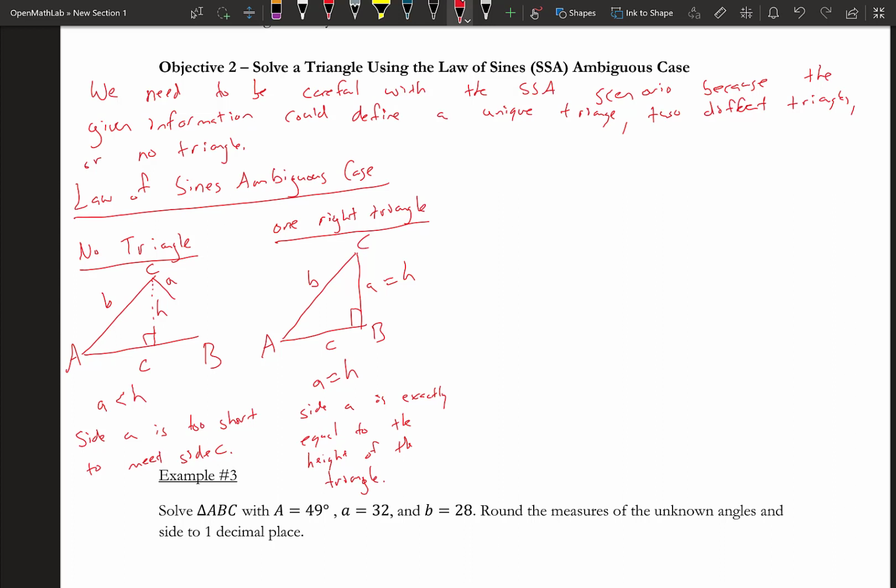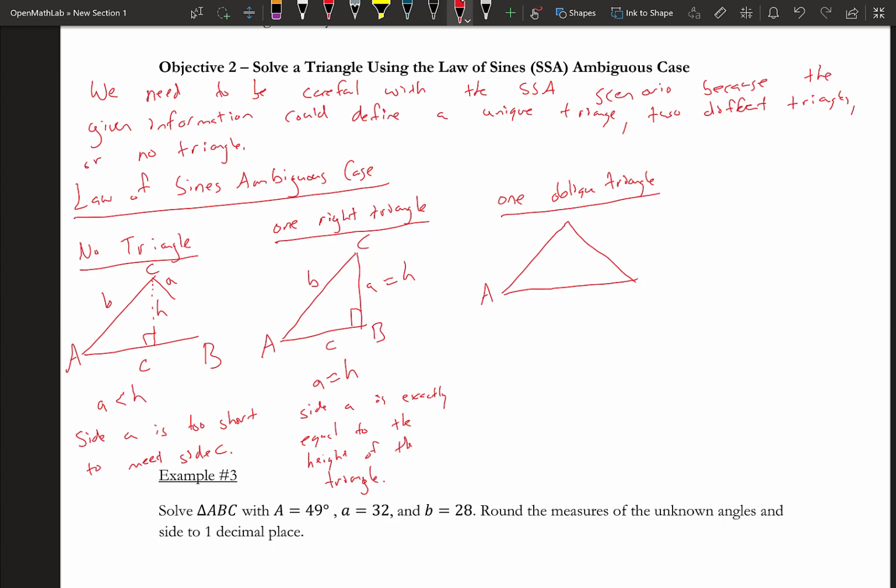Another scenario that can happen is where we have one oblique triangle. So an oblique triangle, we could just have like this example.